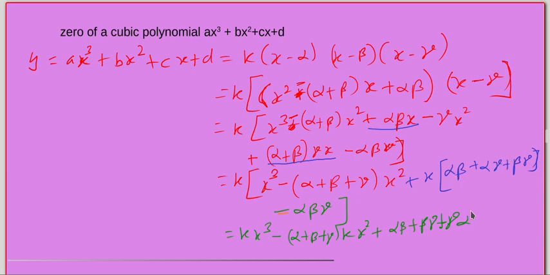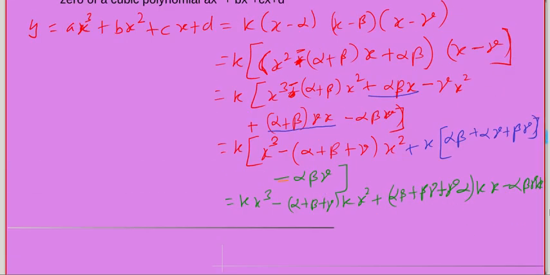All these three terms into x is there, outside k is there, so we get kx, minus alpha beta gamma into k. So we will have k also here. So this is nothing but equal to ax cube plus bx square plus cx plus d on this side.